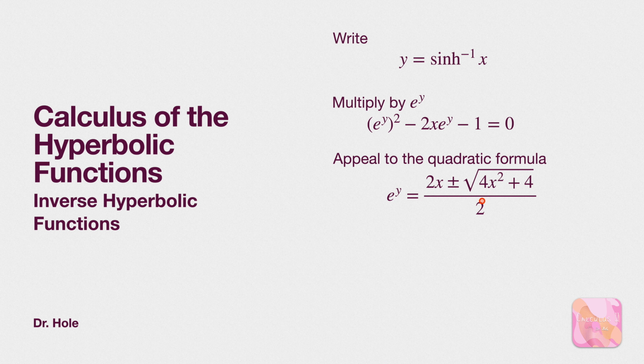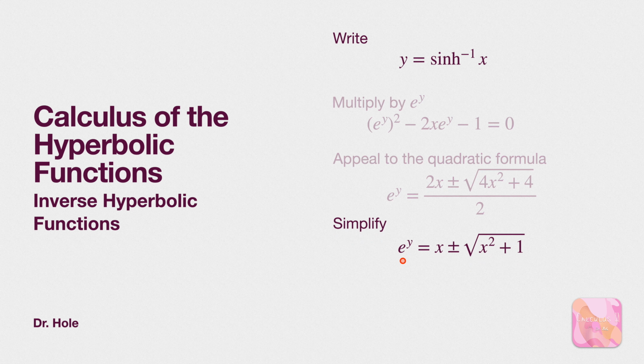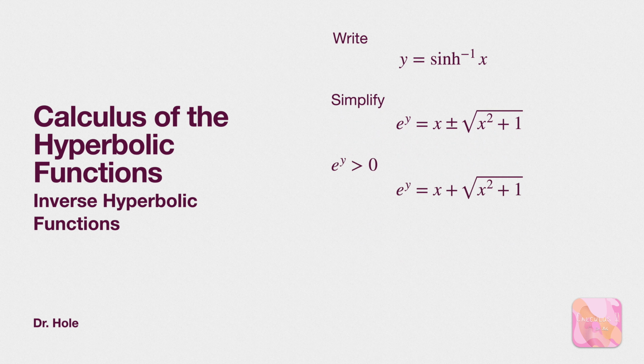Nice. So this right-hand side, let's simplify it, is purely algebraic in terms of x. That is very, very nice. But on the left-hand side, we have e to the y. Before getting rid of the base e, let's make an observation.